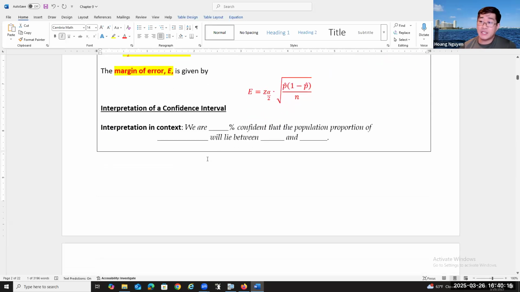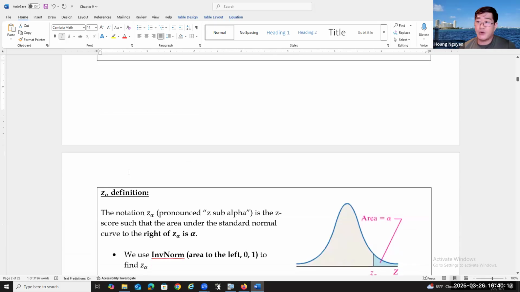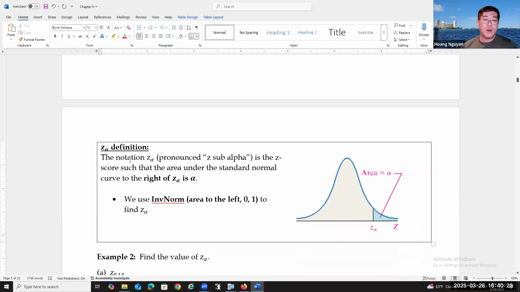Before we talk about z sub alpha over 2, we're going to give you the general definition of z sub alpha. The notation z alpha, or z sub alpha, is the z-score such that the area under the standard normal curve to the right of z sub alpha is alpha.